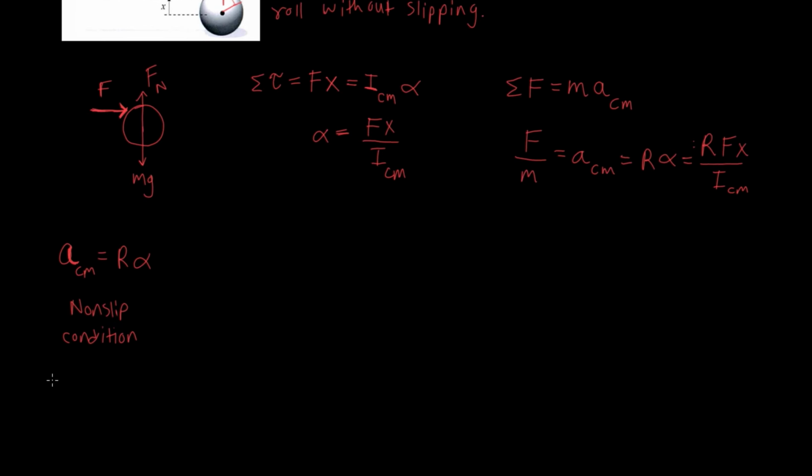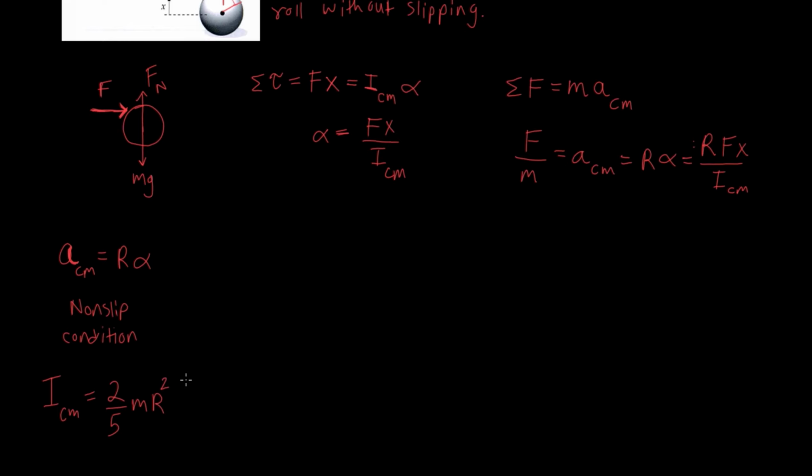Now let's define what the moment of inertia is for a sphere that rotates about its center of mass. That equation is equal to 2 fifths times the mass of the ball times the radius squared.